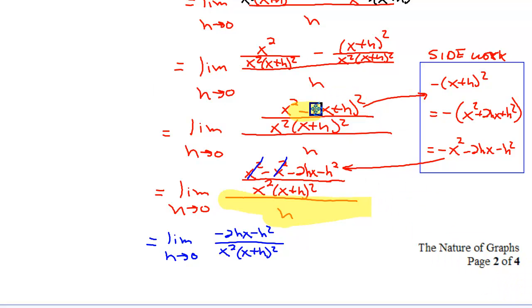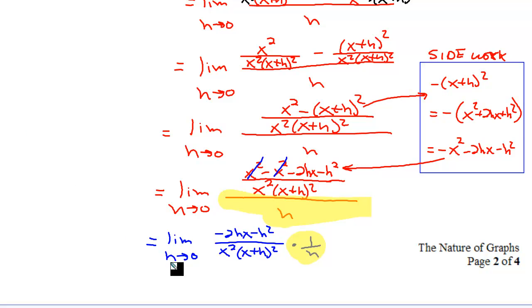Dividing by h is the same thing as multiplying by the reciprocal of h. We were dividing by it. Now we're going to multiply it by its reciprocal. So these two things you see in yellow are the same. Dividing by something is the same as multiplying by its reciprocal.